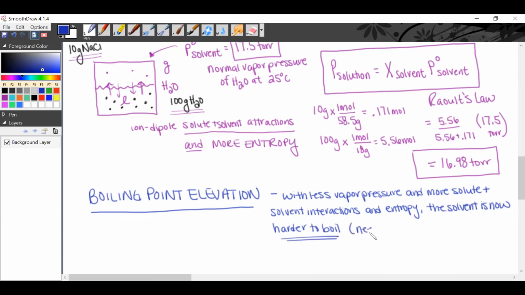In other words, it needs more energy. So water that would normally boil, so like the normal boiling point of water is 100 degrees Celsius. It's going to go up from there.